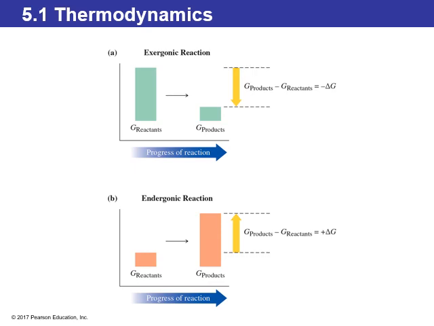A perfect example of this is, the exergonic reaction in A would be us breaking down a fat or sugar into CO2 and water. That would be our exergonic reaction. We're taking something that was stored energy and using it. And our endergonic reaction would be photosynthesis.